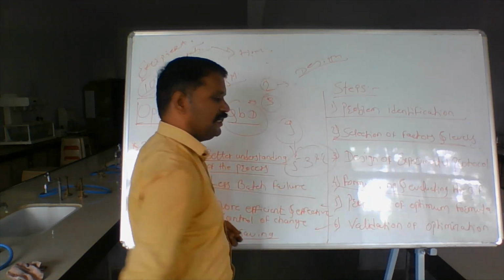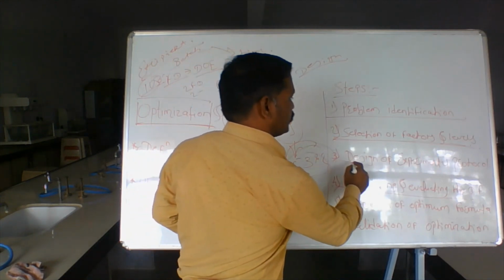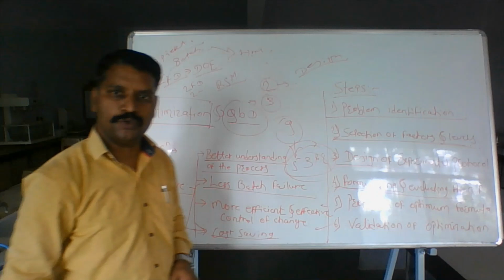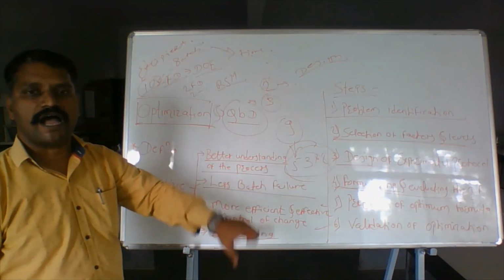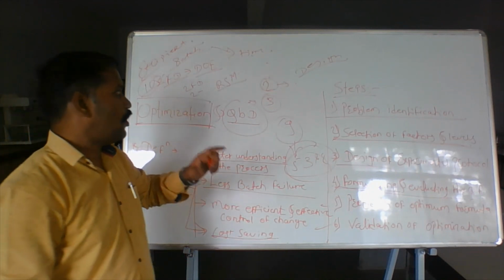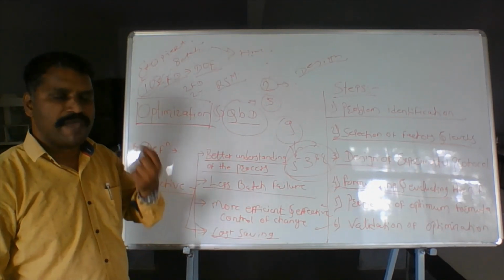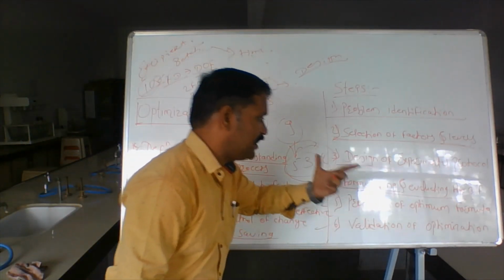So these are the three predicted batches, and then you formulate and evaluate your dosage form again, and out of these 3 batches you can finally confirm the best, effective, perfect formulation. That is the last step, validation of optimization.